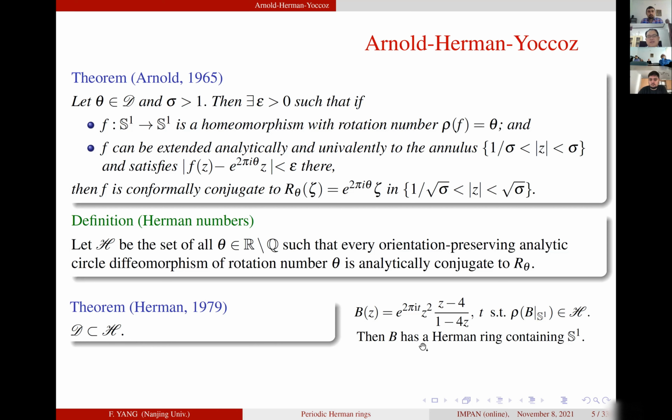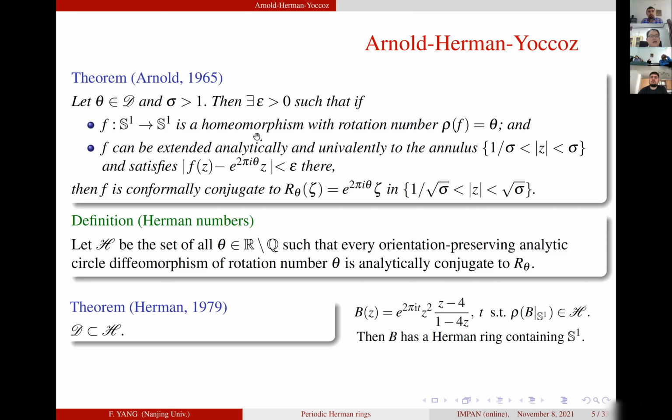But it cannot be a Siegel disk because zero and infinity are super attracting fixed points. So the periodic Fatou component of B cannot be simply connected. It must be a Herman ring.